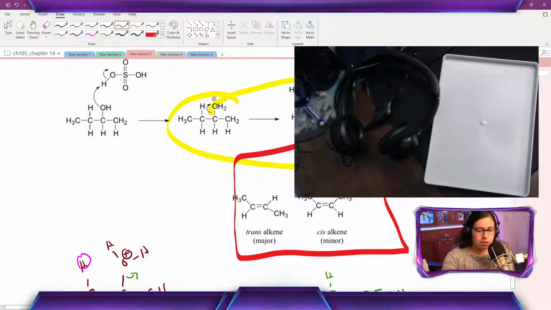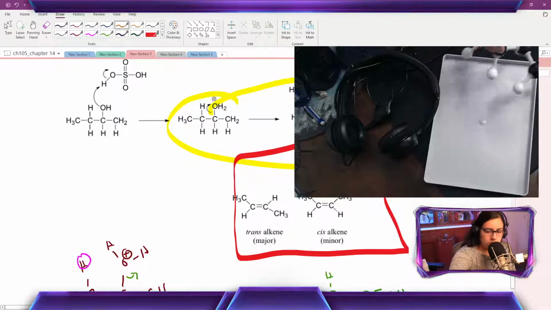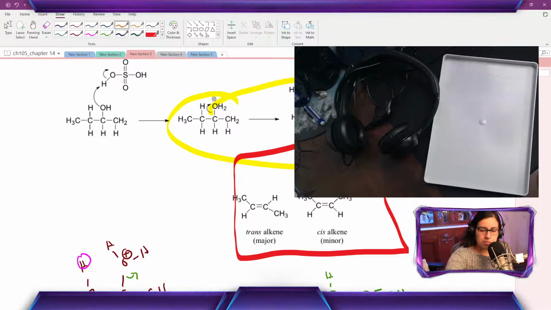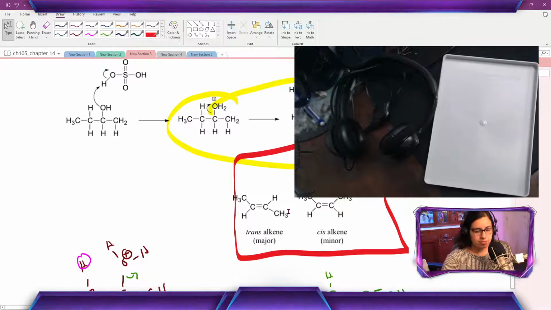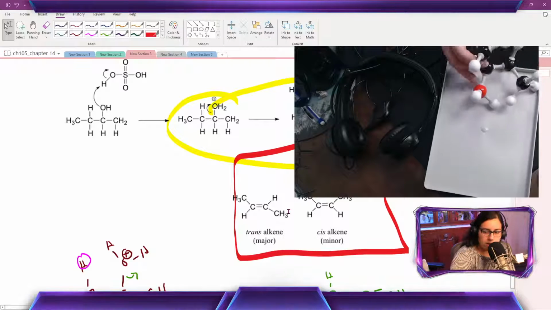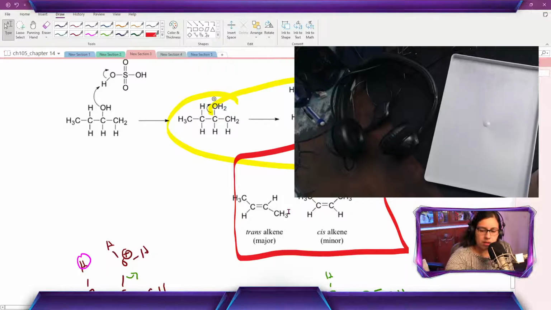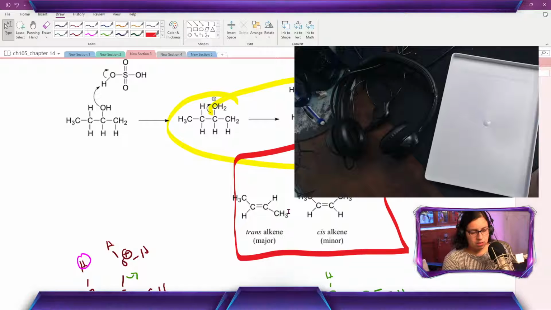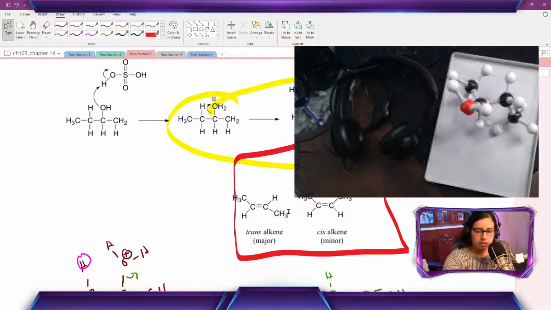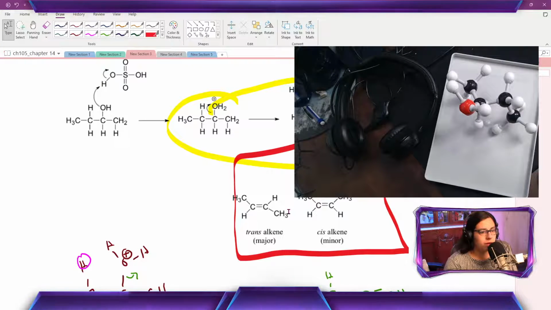And then we have to decide, if you're losing this, is it going to form trans or cis? So you could have had kind of this rotation like this. But you can kind of see that the trans is more favorable anyways.